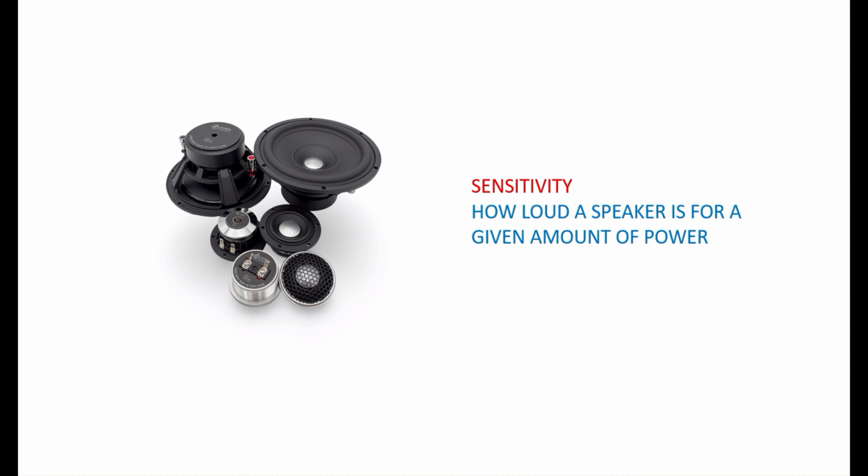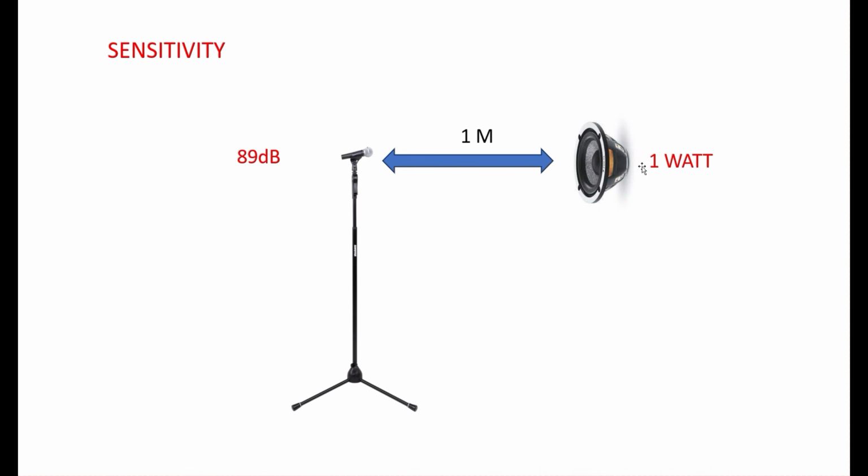The way that sensitivity is measured is you take a speaker, you place a microphone 1 meter away, and then you put 1 watt of power into the speaker, and then you measure how loud the speaker plays in decibels, right? And that is the measure of sensitivity. So you'll end up with so many decibels per meter per watt.